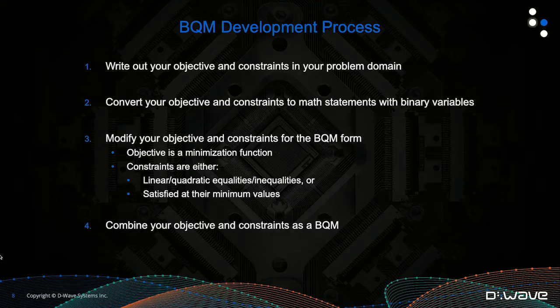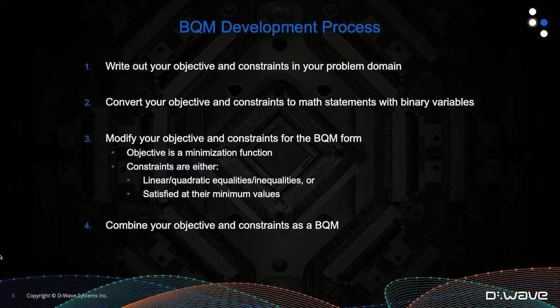And then we need constraints that are either linear or quadratic, equalities or inequalities. And we have some nice Ocean tools to help you deal with those and to help you build those into the BQM. Another option, which some of you may have seen in the past, is rephrasing these constraints as a penalty model. So coming up with a math expression where the constraints are satisfied at their minimum value. And this method will absolutely still work if that's a method that you're familiar with.